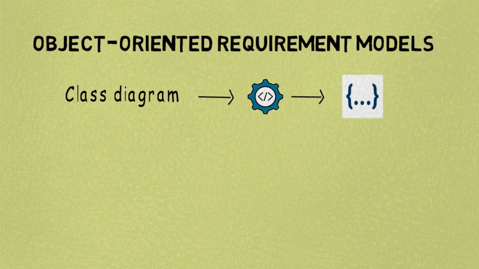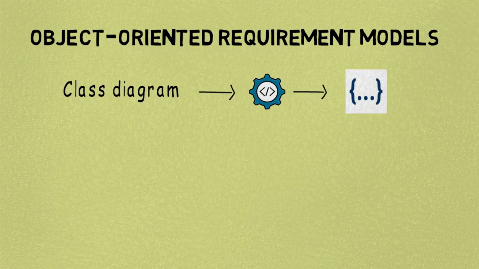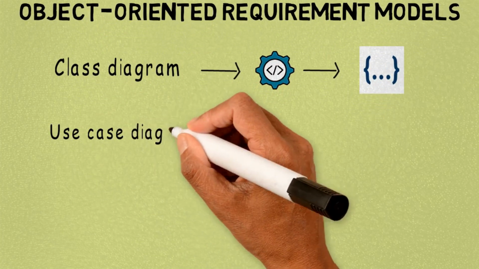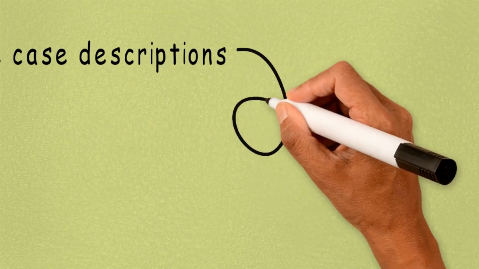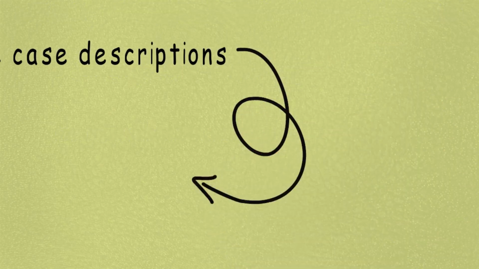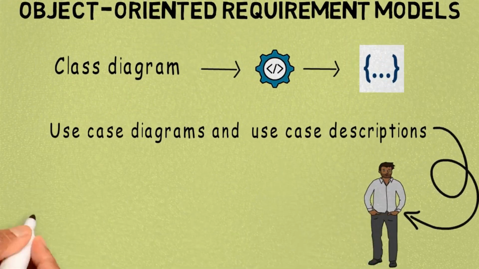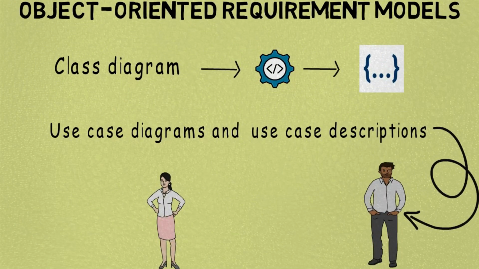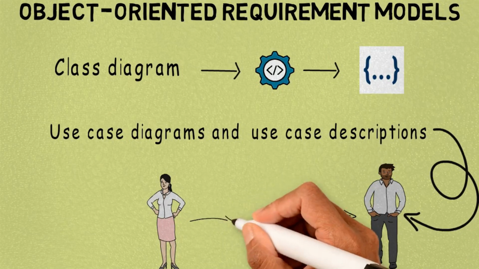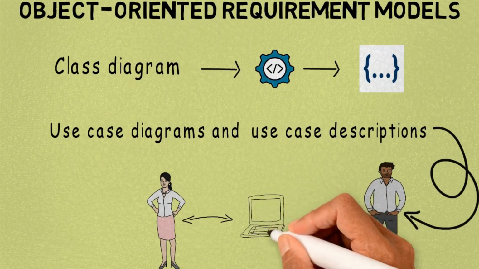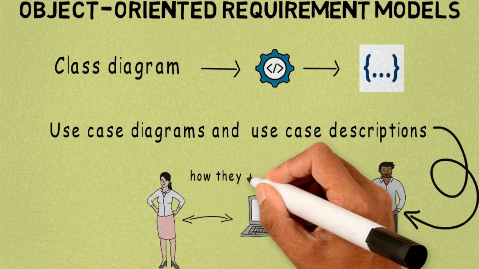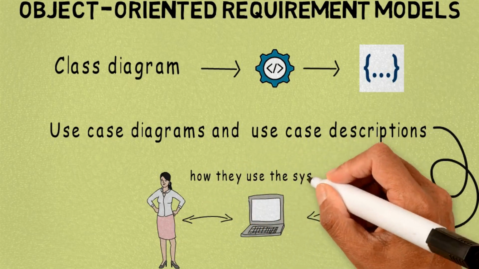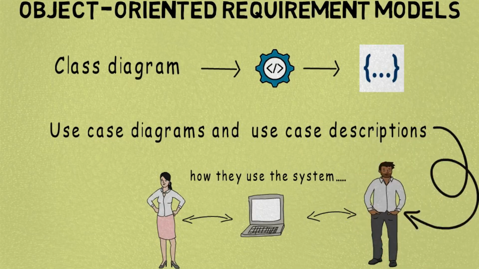Next we have the models called use case diagram and use case description. A use case diagram identifies the actors and their use cases, basically their goals. The use case description includes details of the use cases and how the actor uses the system.